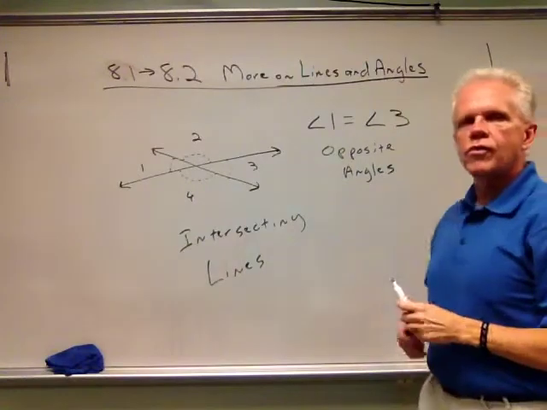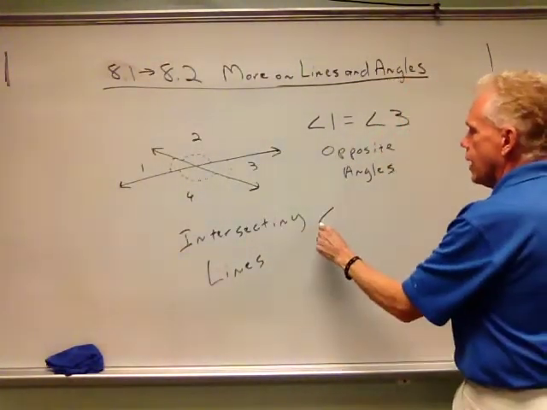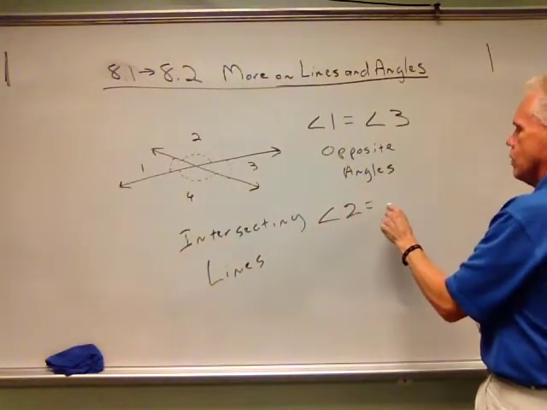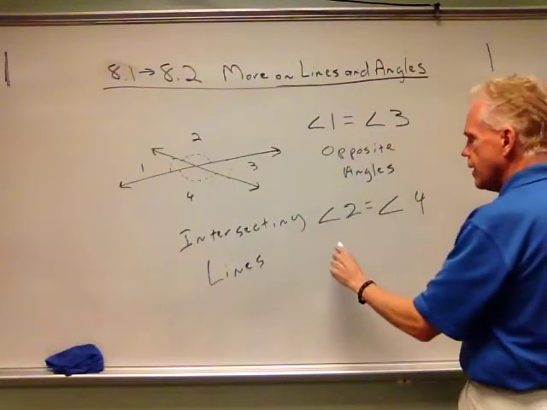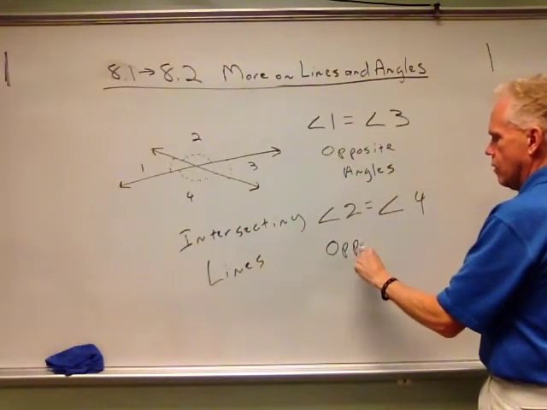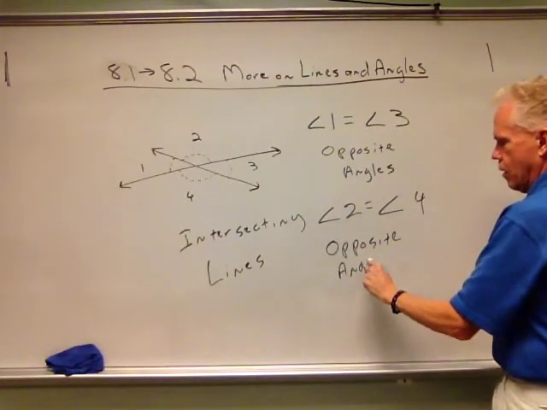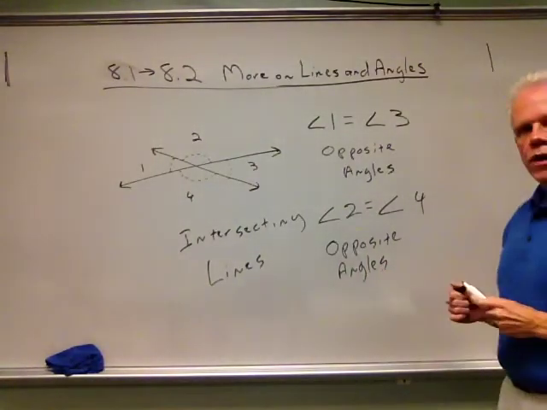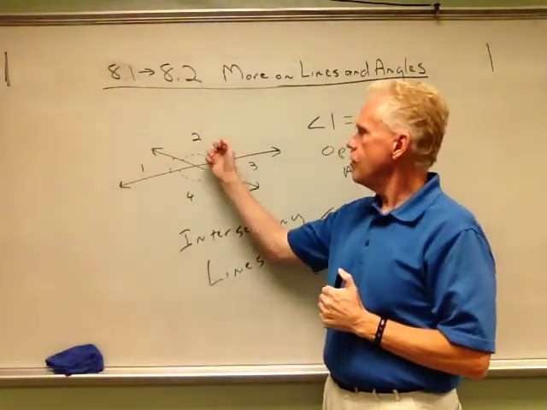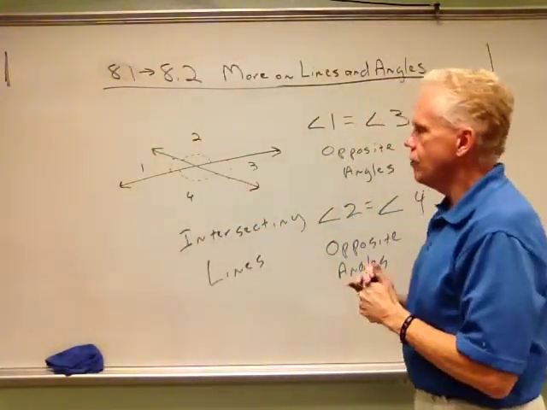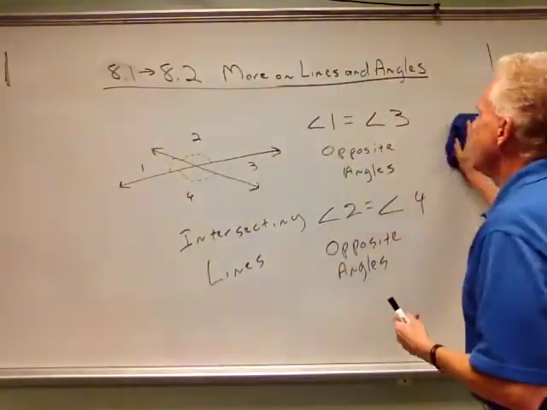We can say really the same thing about angles 2 and 4. Angle 2 equals angle 4. Again, these are opposite angles. So there's a characteristic of intersecting lines that they will form opposite and equal angles.